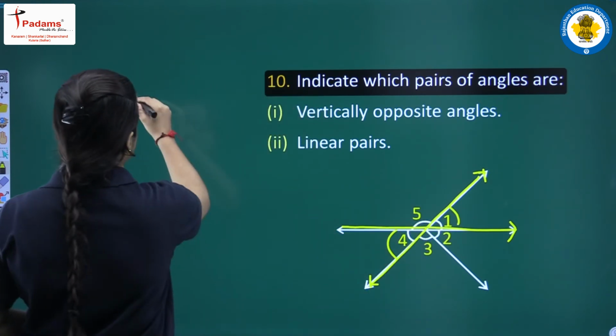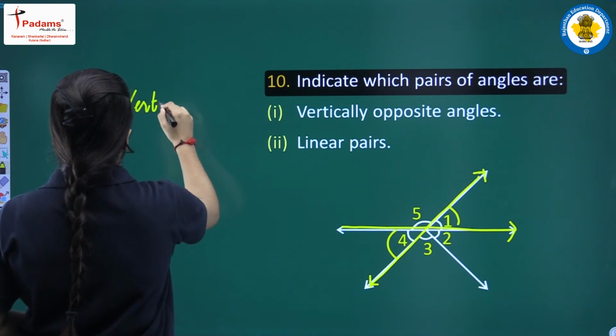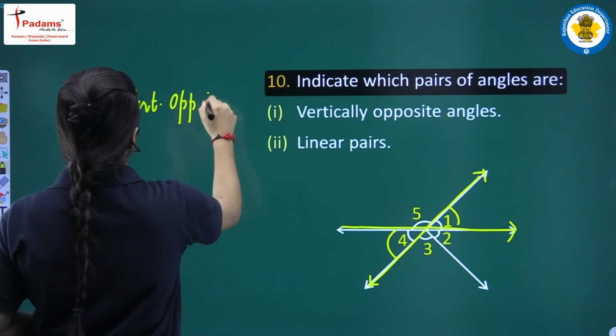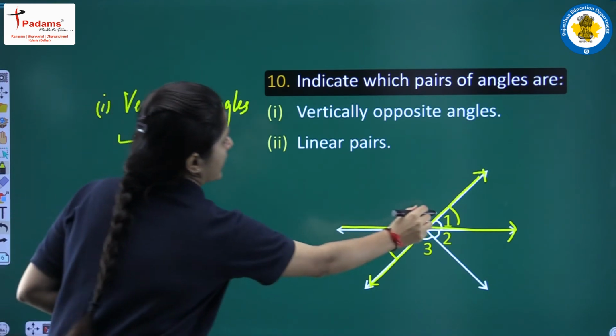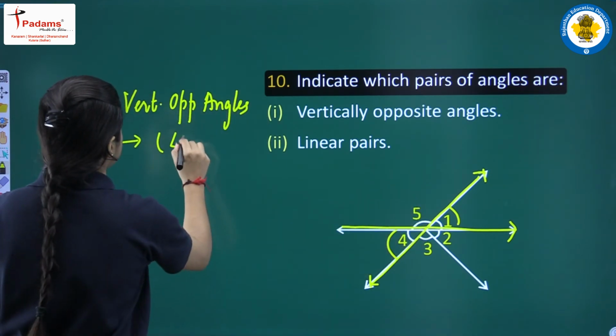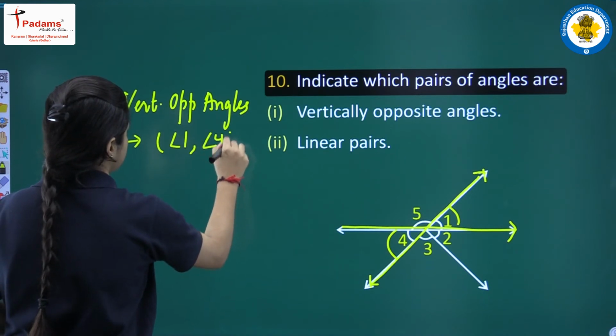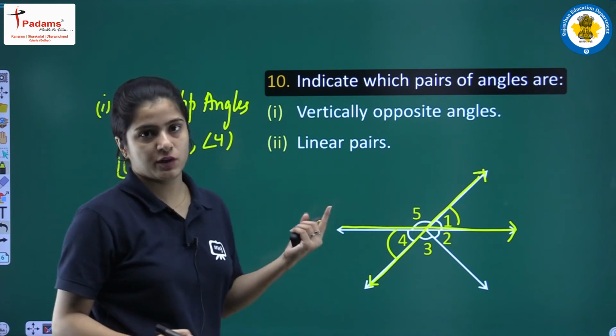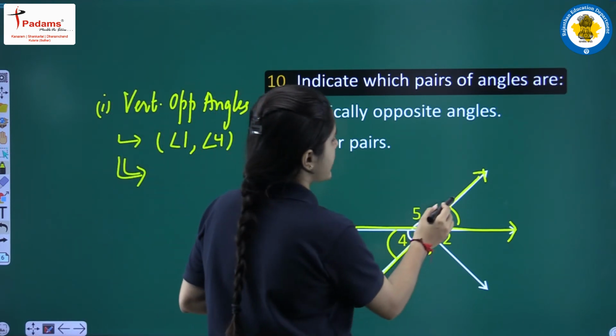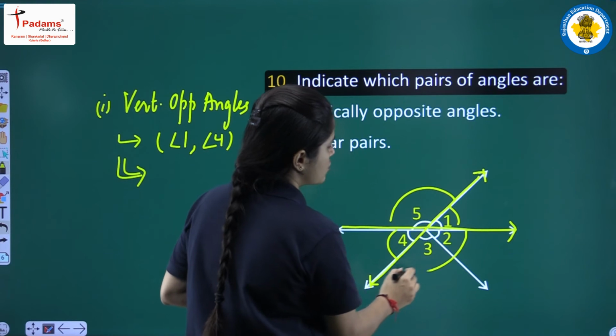So, firstly, if we are talking about vertically opposite angles, then first, angle 1 and angle 4. And second, students, what is the second vertically opposite pair? That is angle 5 and angle 2 plus 3.